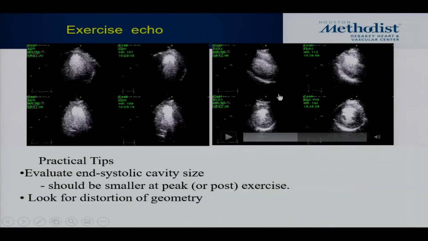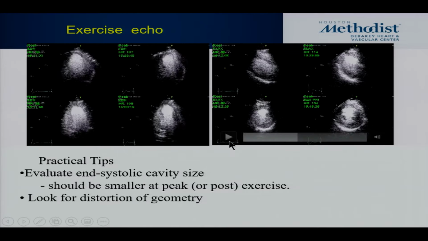Here we go. So this cavity is bigger than here, and also there's a little bit of geometric distortion, with a little bit more dilation towards the apex than at the base, where in fact it should be the opposite, right? The cavity should be smaller towards the apex than at the base.